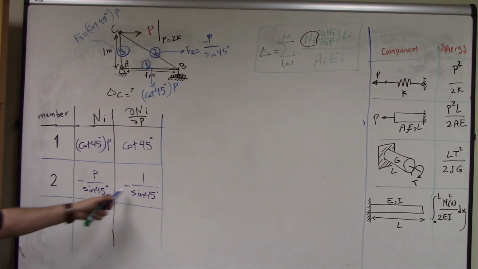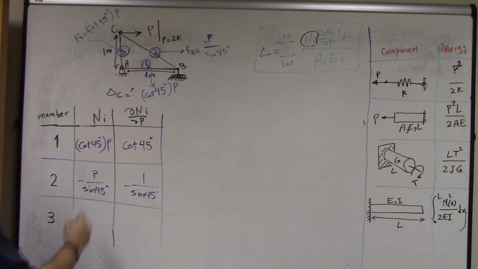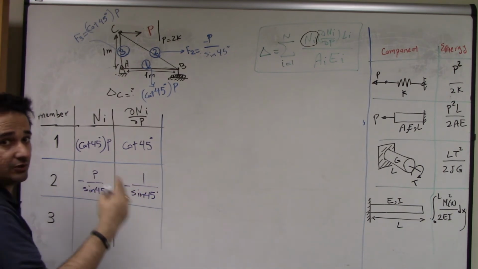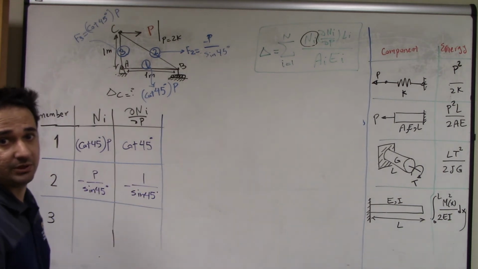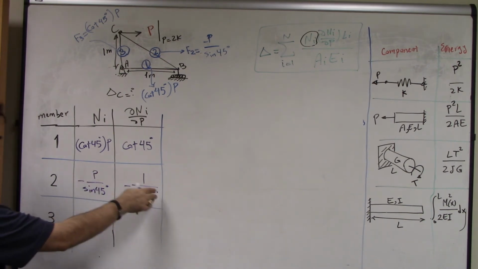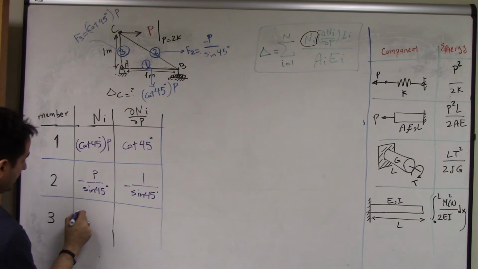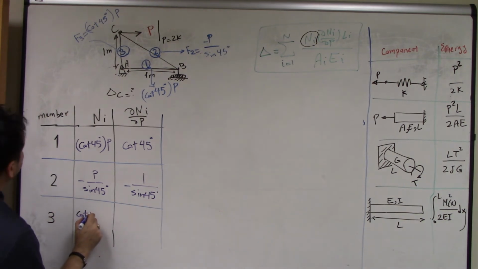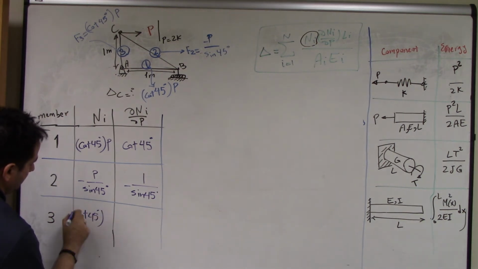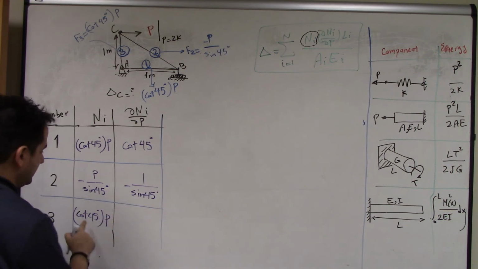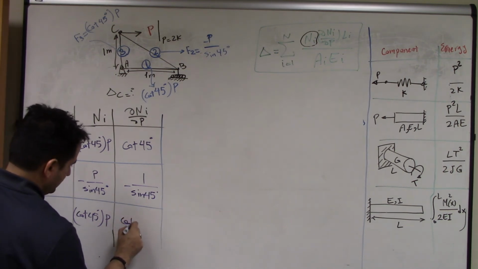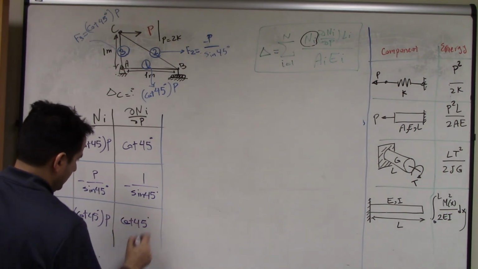It's very easy. Sometimes you get some other term, then you have to take the derivative with respect to P. But this is just simple linear, right? Now for 3 is cotangent 45 degree times P, and then the derivative with respect to P is cotangent 45.